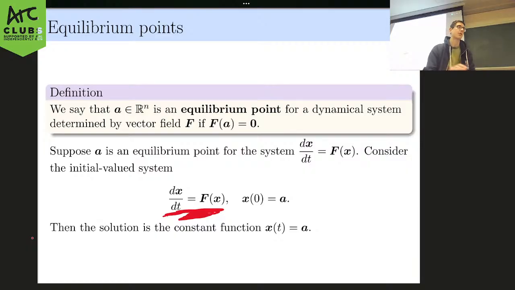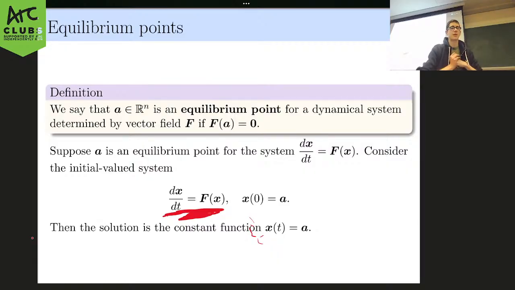That means the solution to the differential equation with initial condition A, being that same equilibrium point, is just staying at A. So if we start at A, we're not leaving A.